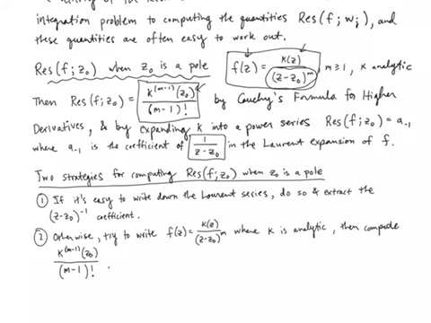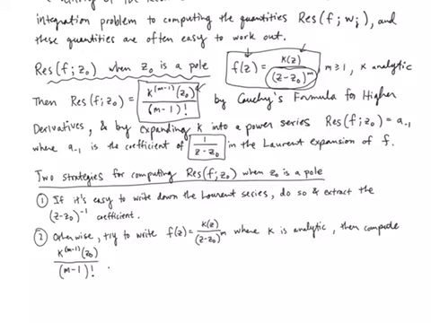Otherwise, what you can do is use the other formula in terms of the derivative of that k. So you would try to write your function as a quotient of an analytic function and (z minus z naught) to the m.